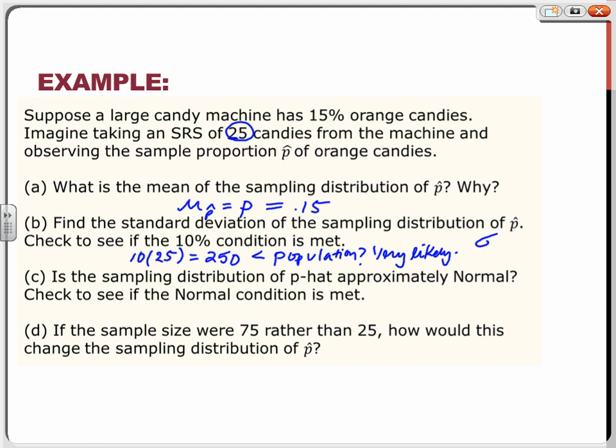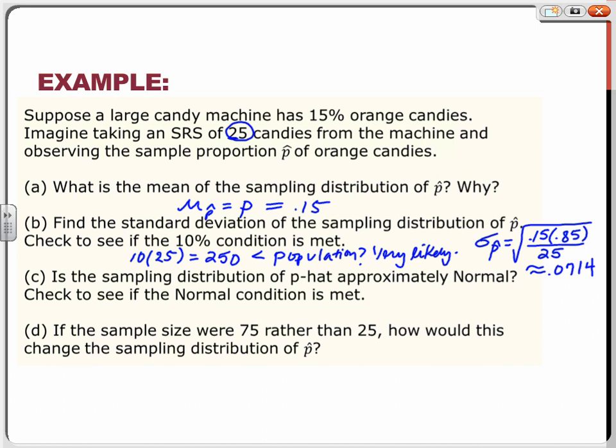The sigma sub p hat, the success times failure over the amount, which is approximately 0.0714.